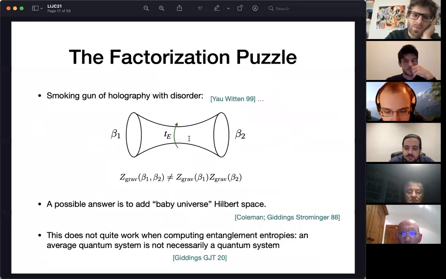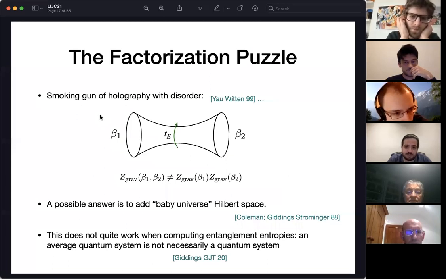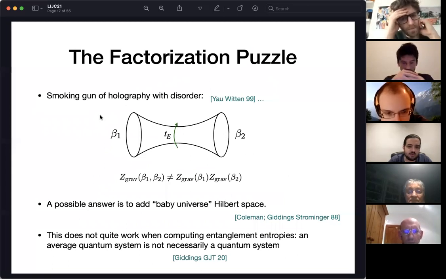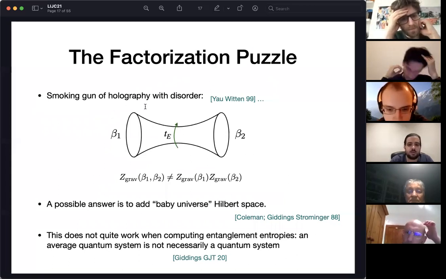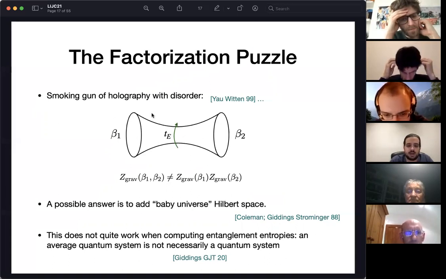So let me mention briefly something called the factorization puzzle. We have these cases of holography, gravity in AdS being dual to an ensemble of theories and not just a single theory. That's difficult to see, but there is a smoking gun for this holography with disorder: computing the path integral with two disconnected boundaries. As long as you can have these wormholes, these geometries that connect them, where this is a spacetime wormhole, so this is Euclidean time, not an Einstein-Rosen bridge, then the path integral with these two boundaries is not equal to the product.